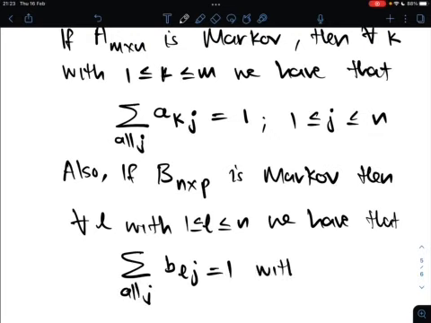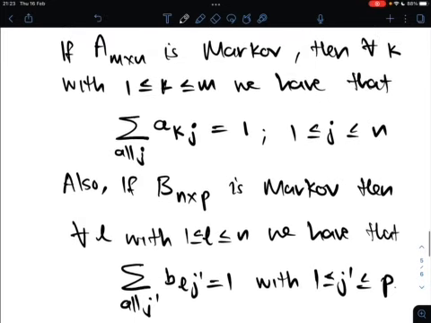I don't want to say j because it will confuse, so I'll say j prime, ranging from where to where? B has columns ranging from 1 to p, so j prime will also range from 1 to p. So that's what it means for these two matrices to be Markov.